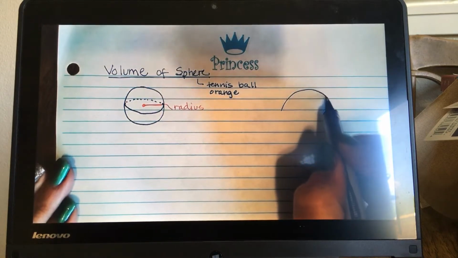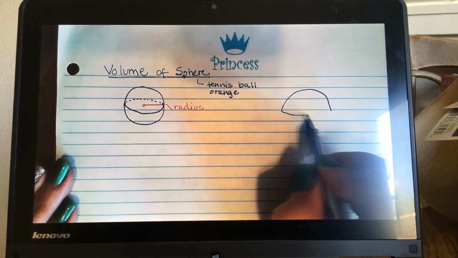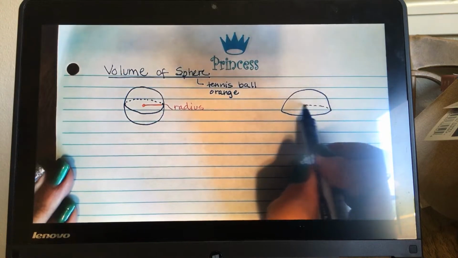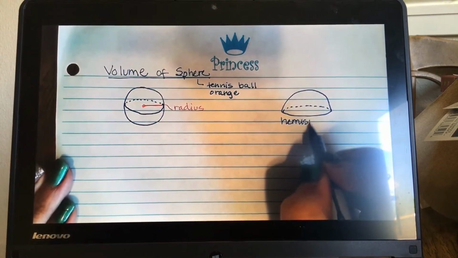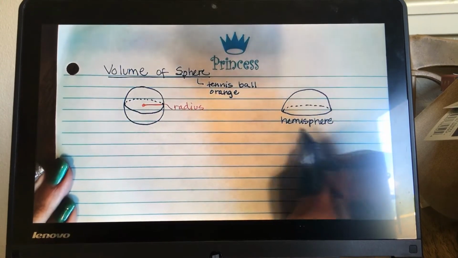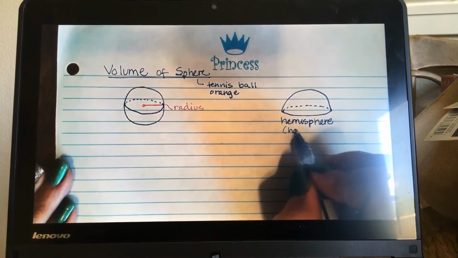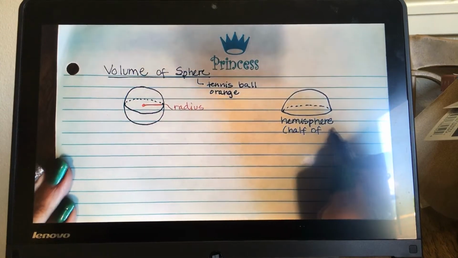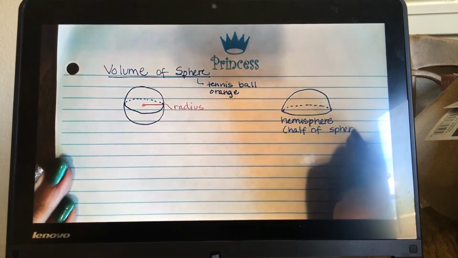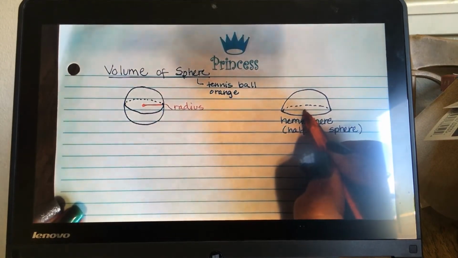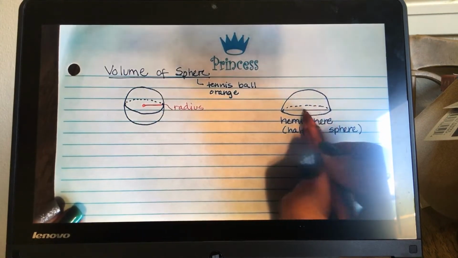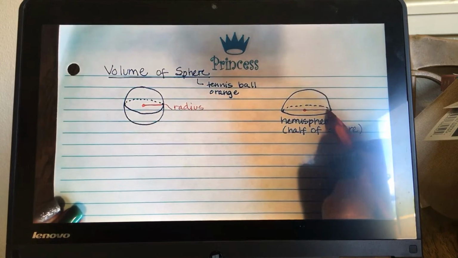A hemisphere is just half of a sphere. And again, the volume of a hemisphere depends just on the radius.